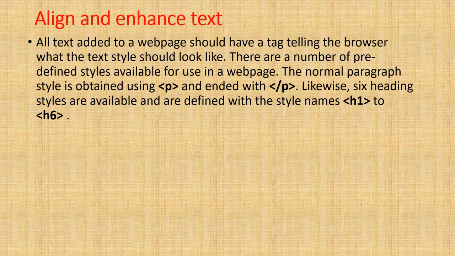How do we align and enhance text? Alignment is whereby we try to make the text appear good to our expectation. You can use the tags P for paragraph, or heading, H1 up to H6.